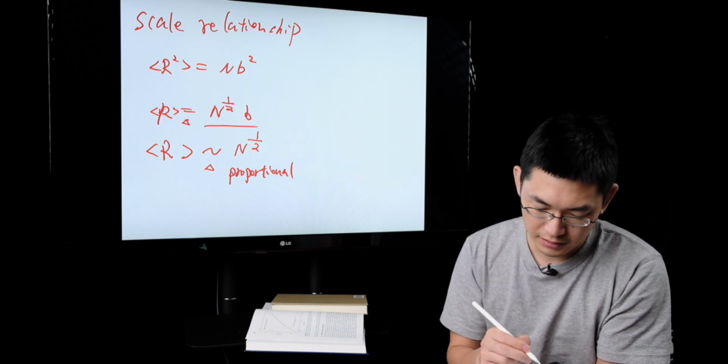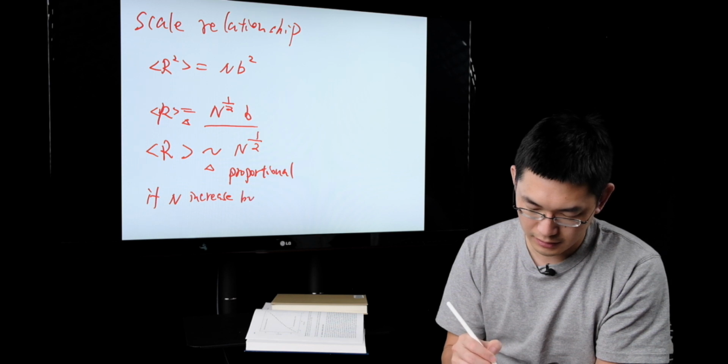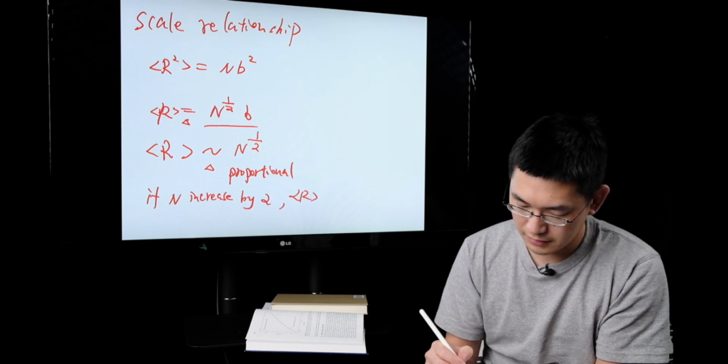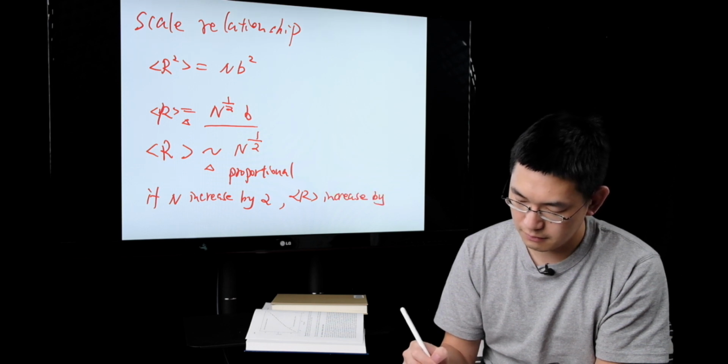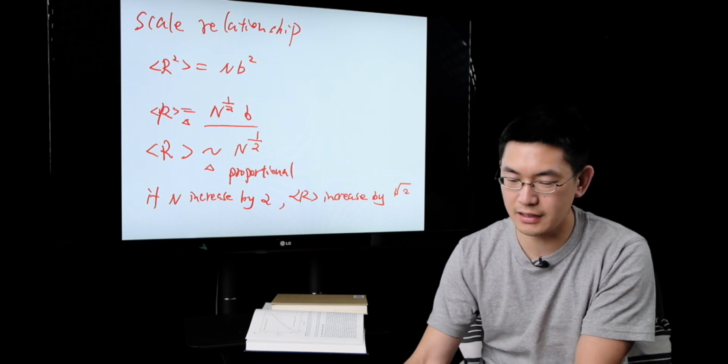That means if n increases by 2, R would increase by root 2. So you know how fast it depends.